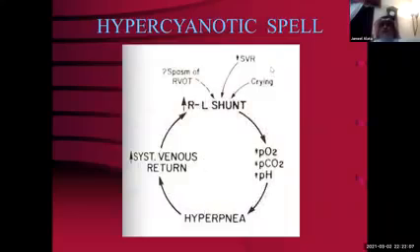The best way to treat it is to break the cycle in this area. Keep the patient calm, well hydrated, away from anything that causes increased heart rate, decreases systemic vascular resistance, or makes the RVOT go into spasm.